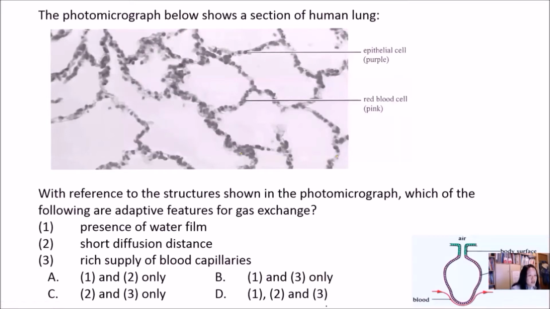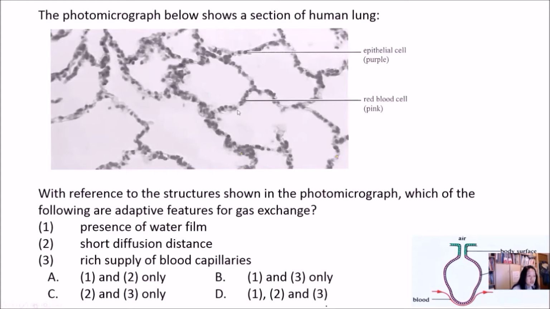Okay, this is an exam question again, HKDSE question. With reference to the structure shown in the photomicrograph, which of the following are adaptive features for gas exchange? You will see that in most cases, in public examinations, they will show you a section of the lungs instead of some drawings, like in the textbook.